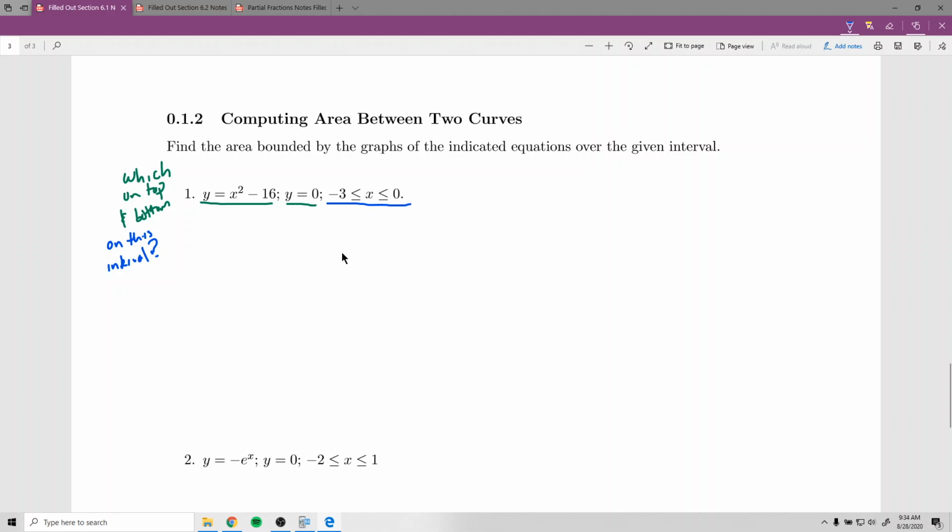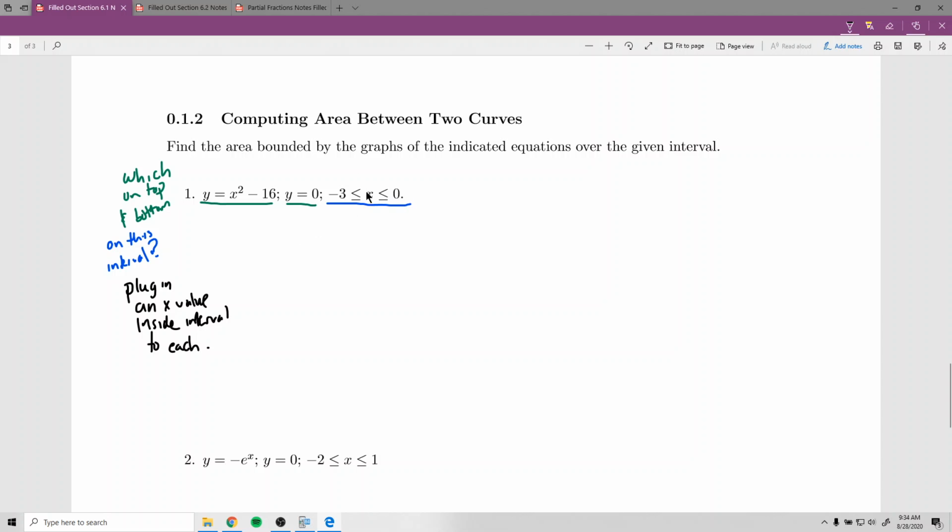All right, so the easiest way to do this, you don't even have to use a calculator. Just plug in a number between. Don't plug in the endpoint, so I'm not going to plug in -3 or 0. Plug in an x value inside the interval to each. What's going to come out is a y value.